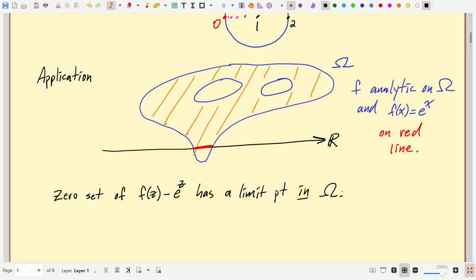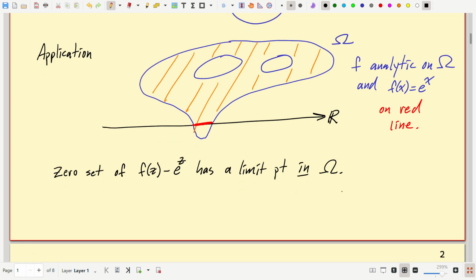So it's identically zero. So there's only one way to extend the real exponential to a complex version. Last time I did it on the whole complex plane, but this theorem works in this context as well, on omega.